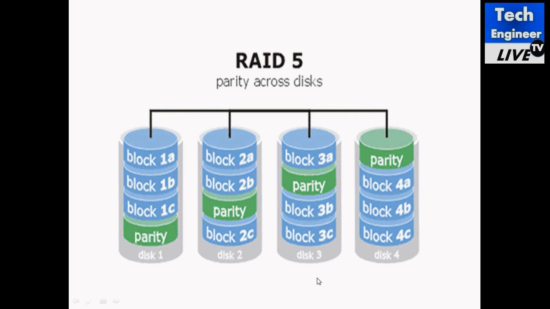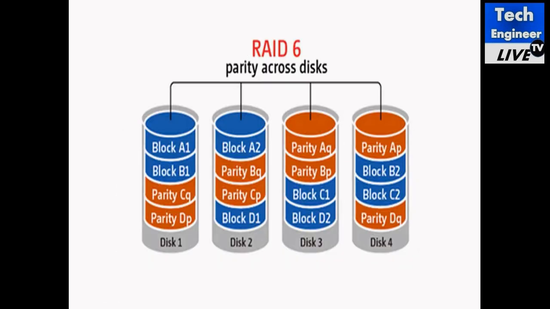Now RAID 6 is the same, but it will have 2 stripes covered for backup. For example, blocks Ap and Aq will be available as backup in disk 3, and similarly Dp and Dq will be a backup available in disk 4. Similarly, Cp and Cq will be a backup.